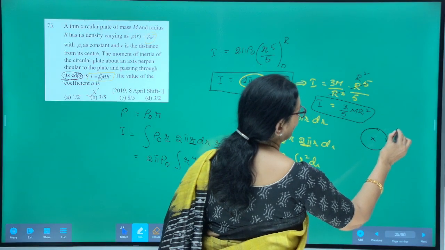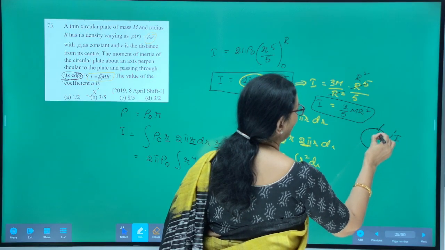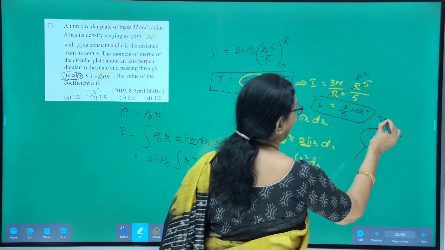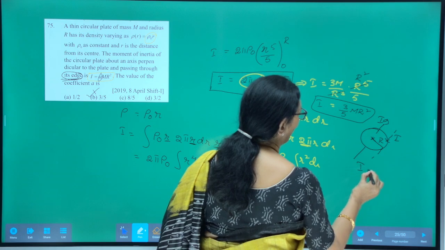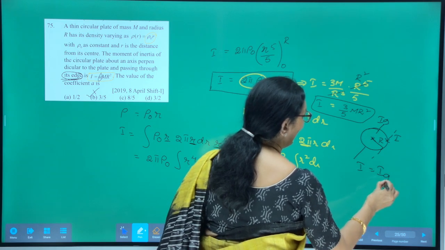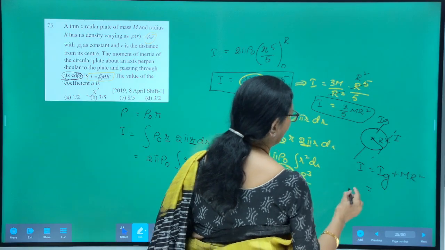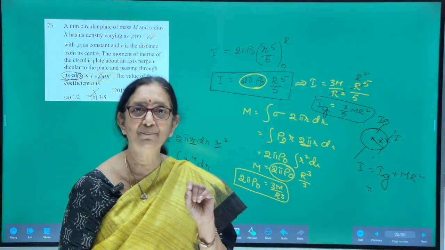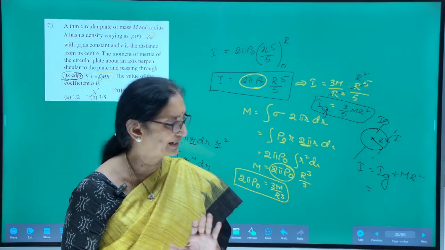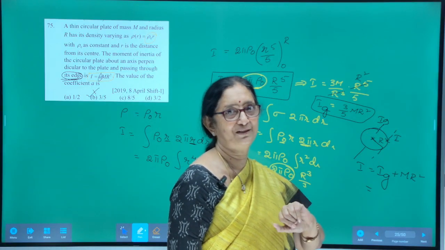So here, suppose if this is the axis, you have to imagine a parallel axis like this, and this distance is r. I is equal to Ig plus mr square. So here this is Ig, because we found the moment of inertia of the disk about an axis passing through the center perpendicular to the plane.